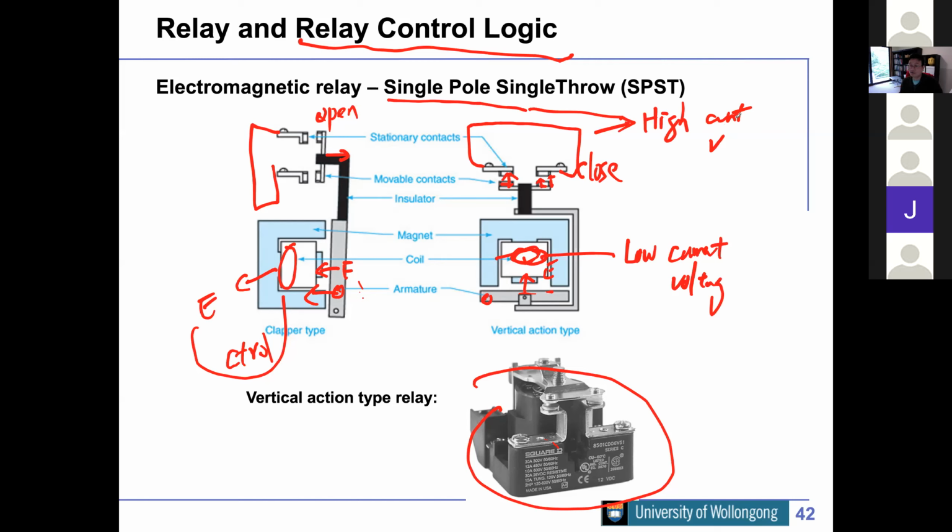The low current, low voltage part is controlled by your other circuits or your computer, and the high current part is your motor, your machines, and other things, which draw a lot of current. So there's an insulator in between. This black material is an insulating material, so it separates the electrical signal between the low current part and the high current part. If you have a lot of this kind of equipment, you can build up very complicated logic to achieve certain control tasks.